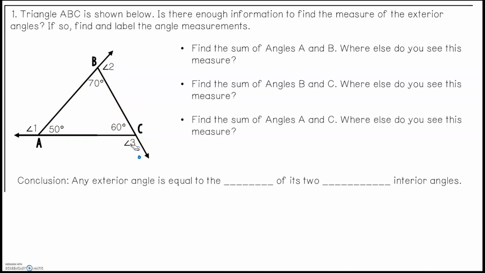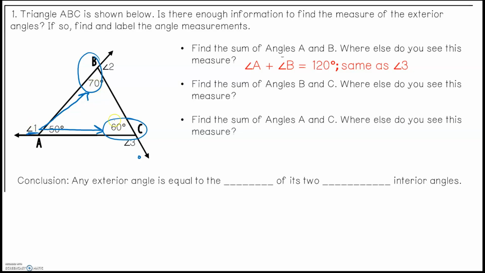Okay, find the sum of angles B and C. Where else do you see this measure? Well, B again was right here, and C. These angles are exactly opposite in the opposite corners inside the triangle from angle 1.